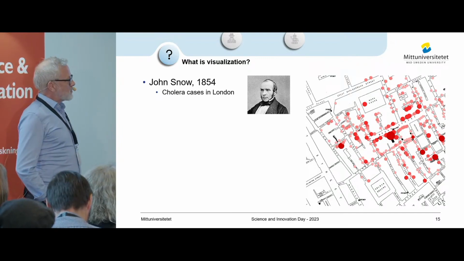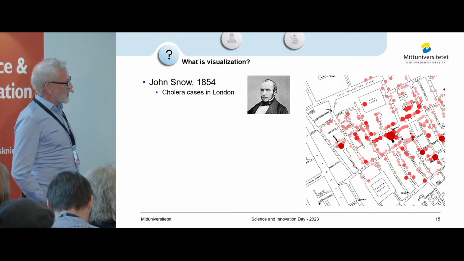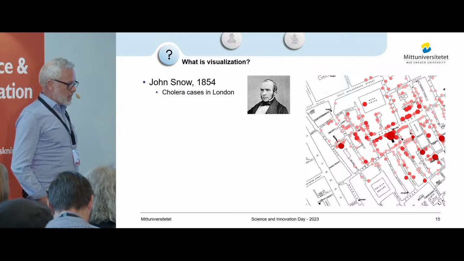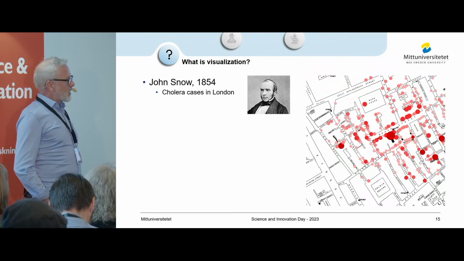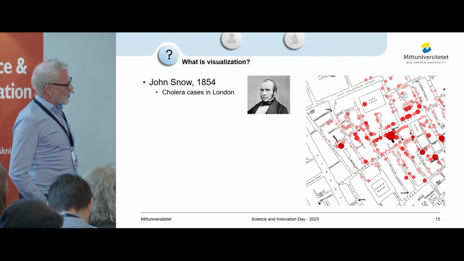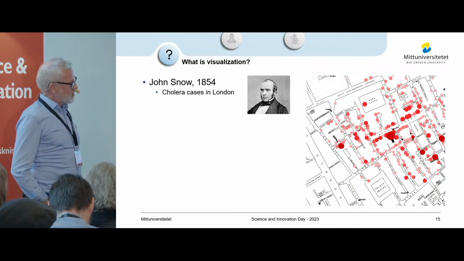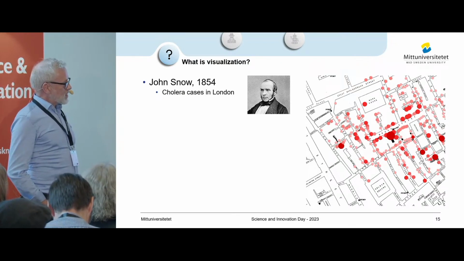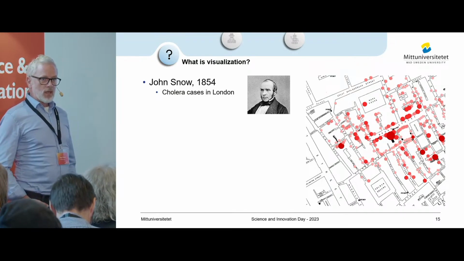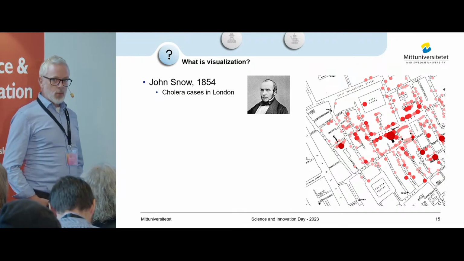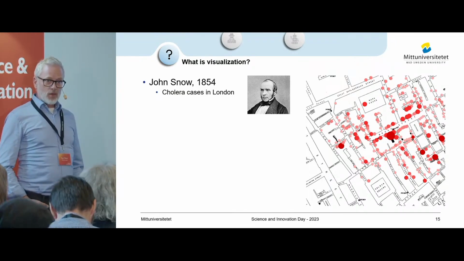The size of these circles indicates the number of people dying in that specific area. And by looking at it from that perspective, it became apparent that the deaths were centralized around a specific point.